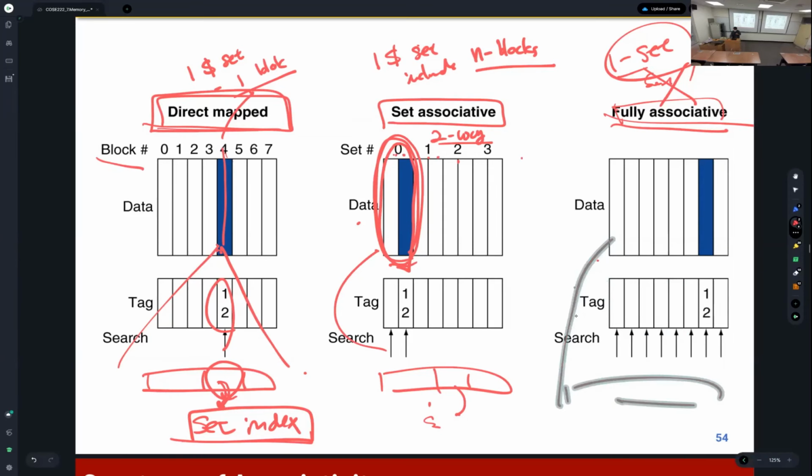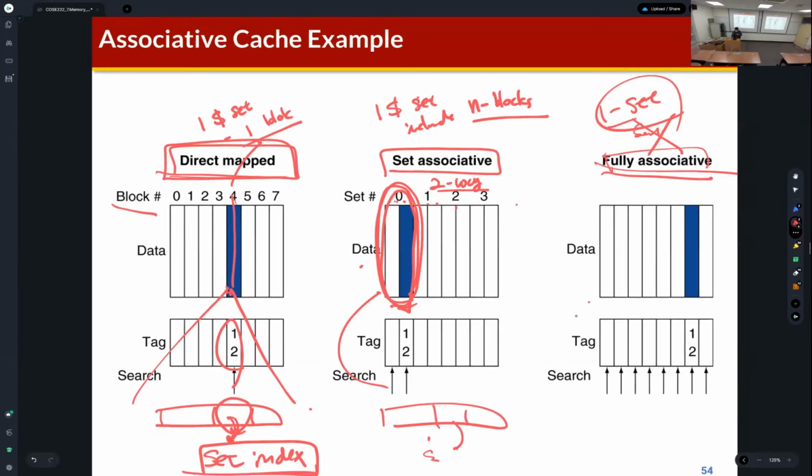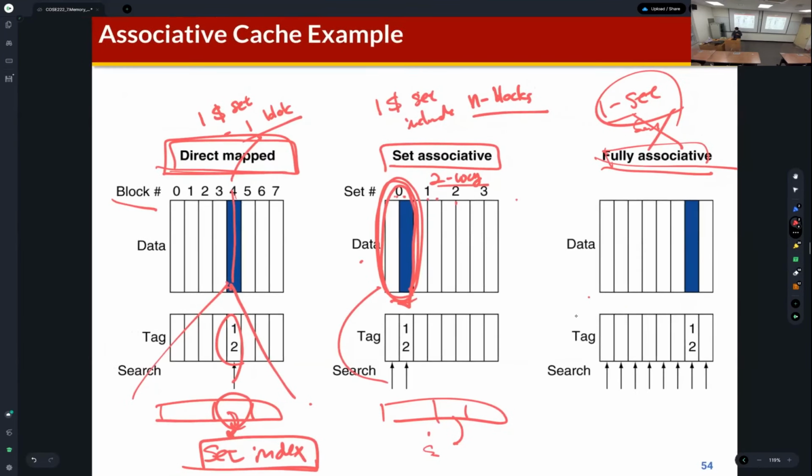Okay, this is the example of the associative cache. The cache size is the same, right? Each cache has 8 blocks, but we can apply different associativity, like direct mapped, set associative, or fully associative.